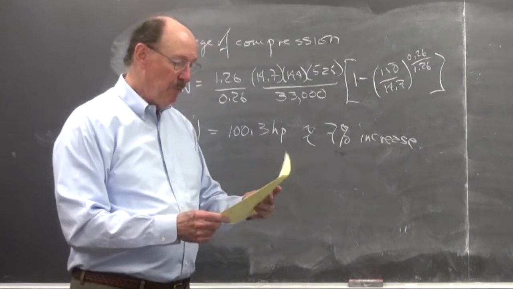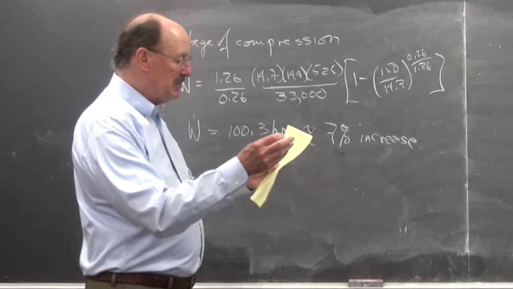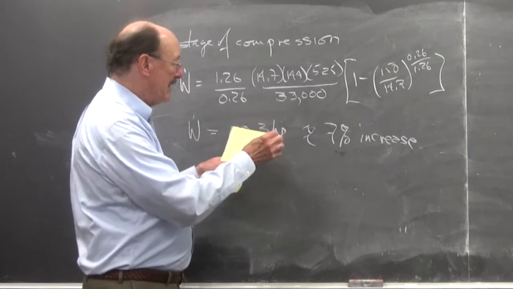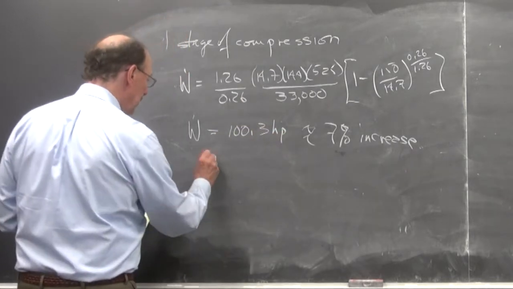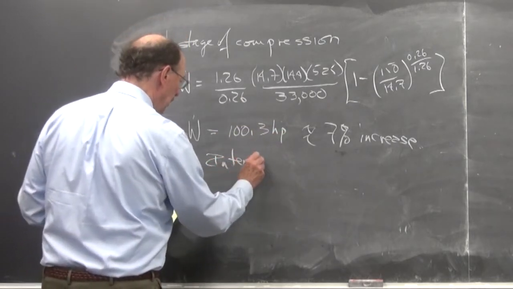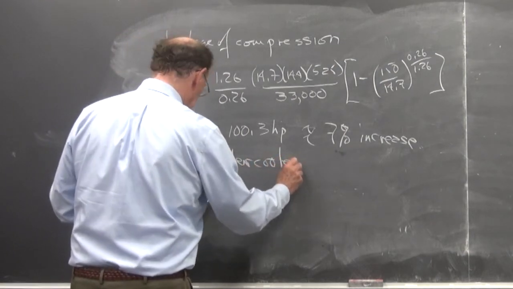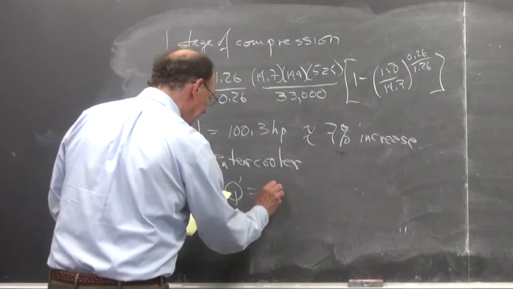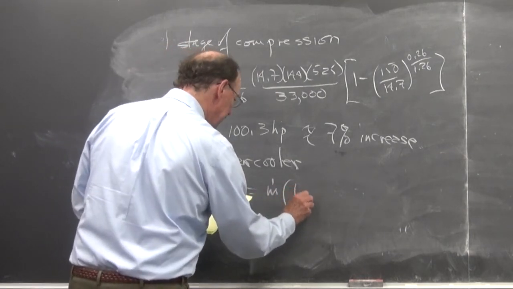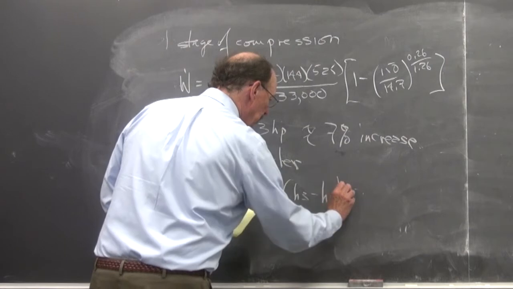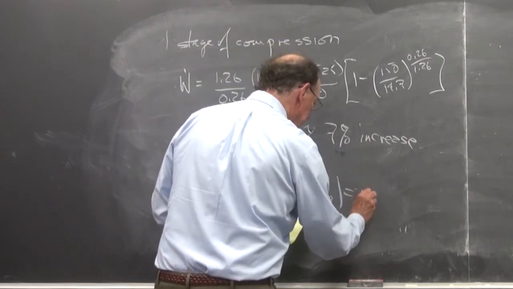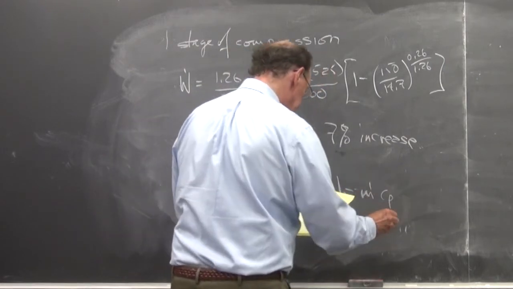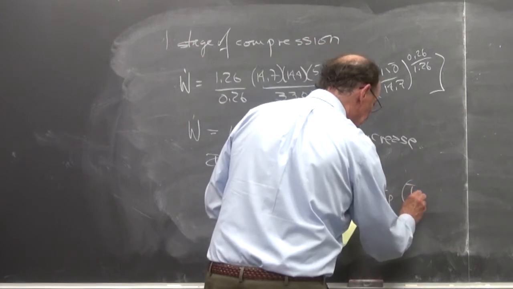Now the last thing, if I look at the heat removed from the intercooler, if I go back and look at the intercooler, we have that Q dot is equal to m dot times H3 minus H2, which is equal to m dot C sub P times T3 minus T2.